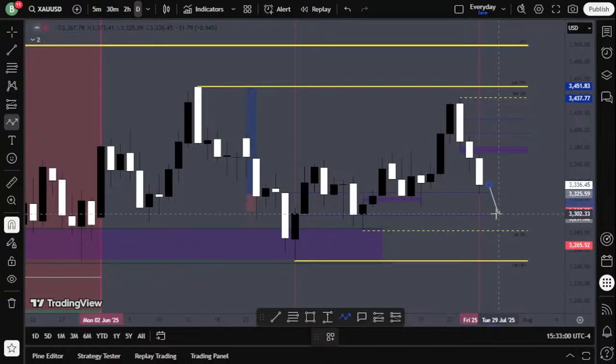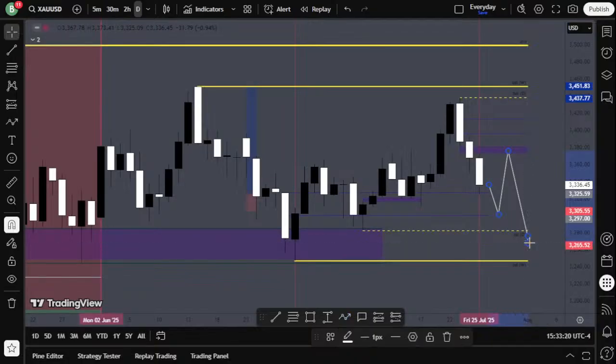See this going down into here, essentially pushing all the way back into here for FOMC before crashing lower in the week somewhere here. That's what I see on gold in the upcoming week.